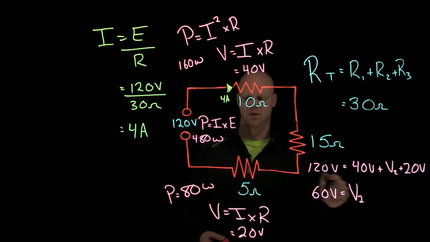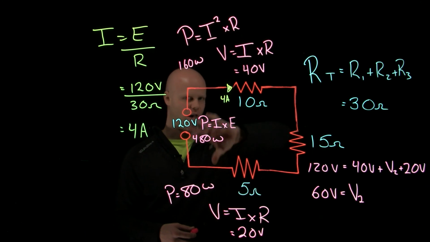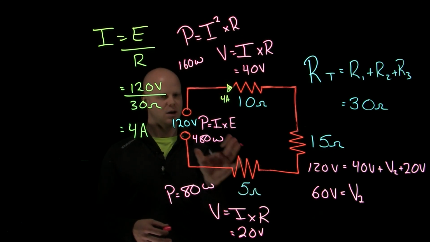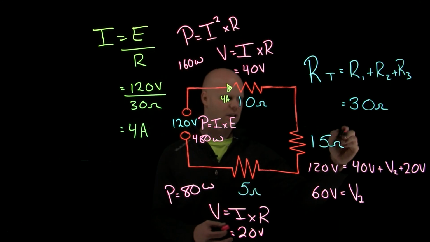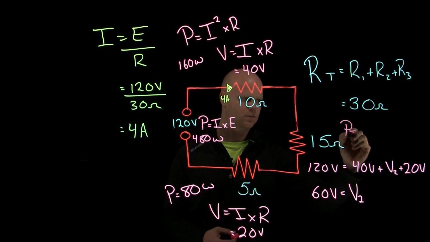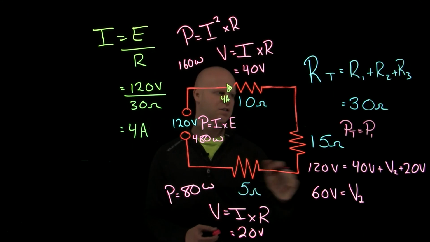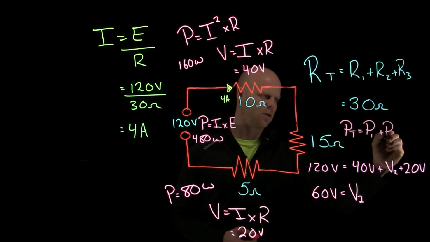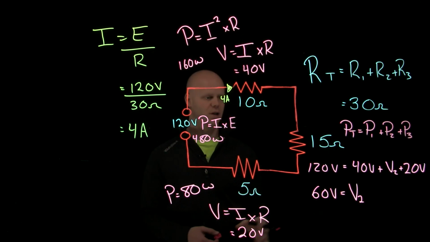I go over to here, and one of the last things, all of that energy, law of conservation of energy, all of the energy that exists in this circuit, whatever is at the source, has to exist within this circuit. So if I look at my power total, it will equal the power at the first component plus the power at the second component plus the power at the third component.